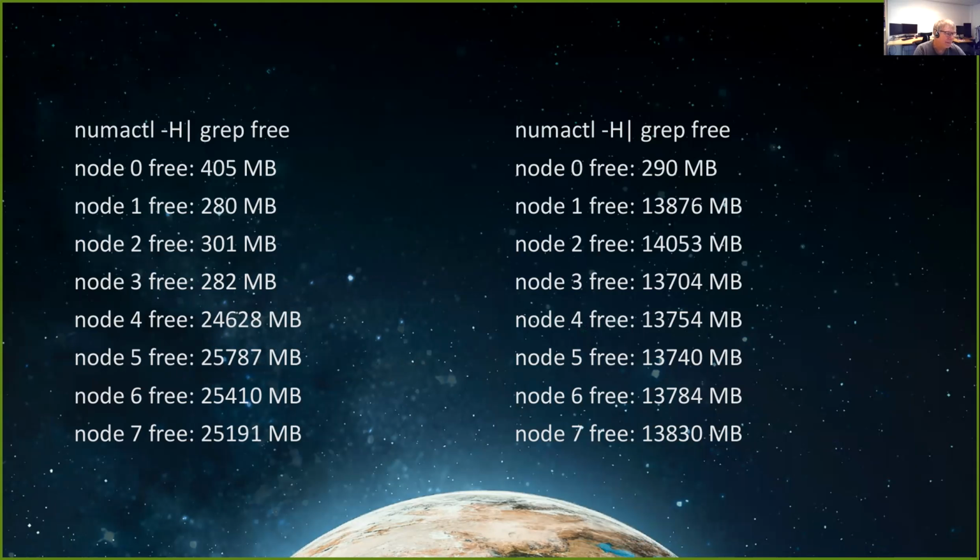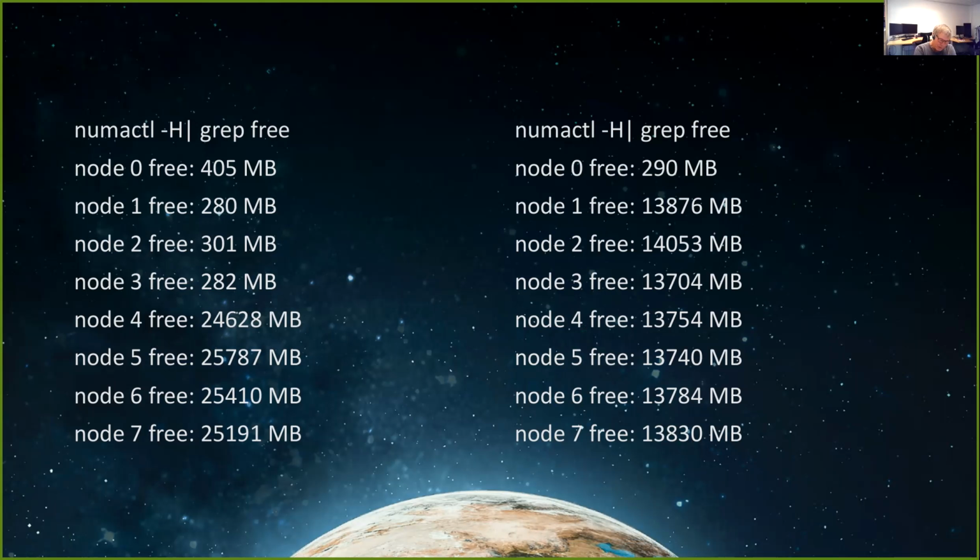You can also look at how memory is allocated. These are two different runs. The first one shows that there is very little memory free on the first 3 nodes, so the first socket. The job is only running on the first socket, not on the other. If I, on the other hand, schedule on both sockets, meaning all 8 memory nodes, you see the memory is more or less average.